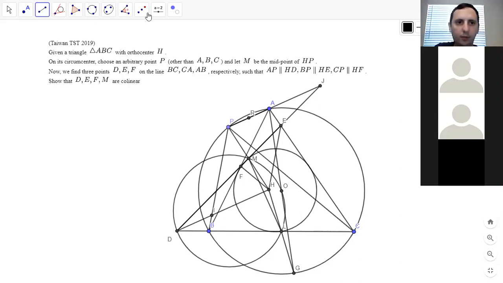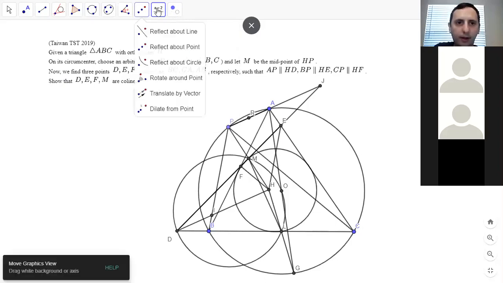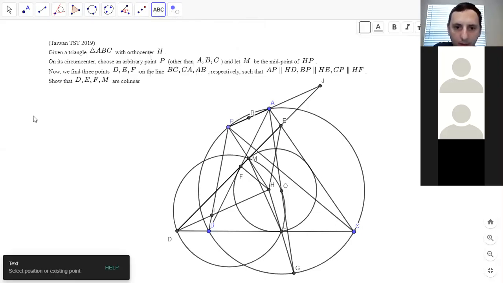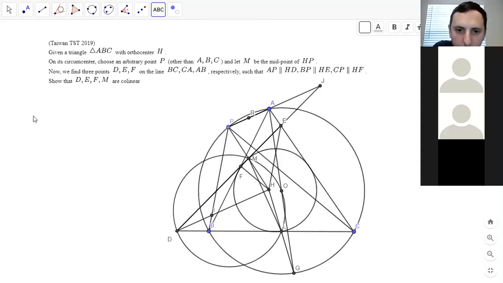Actually, the outer butterfly theorem proves it. How do you apply the outer butterfly theorem? Normally, it says when OM is perpendicular to DJ, M is the midpoint. But we use the reverse of it.